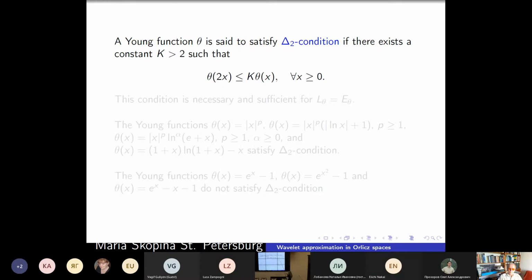Okay, now we restrict a little bit the class of functions theta. They satisfy two conditions. If this holds, this condition is necessary and sufficient for equality of the spaces L theta, for there exists lambda and for any lambda, and for such a function, this is the same.